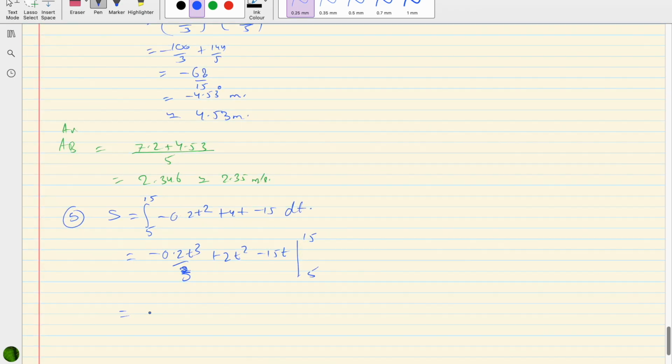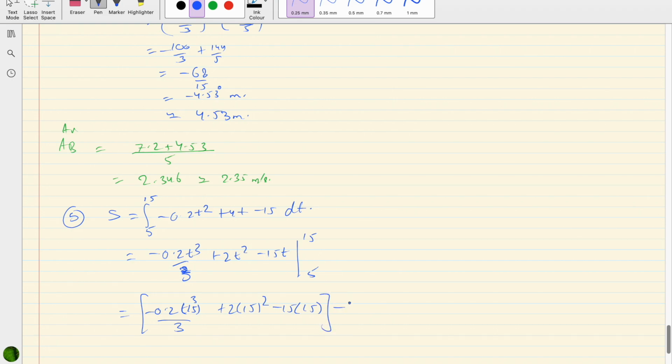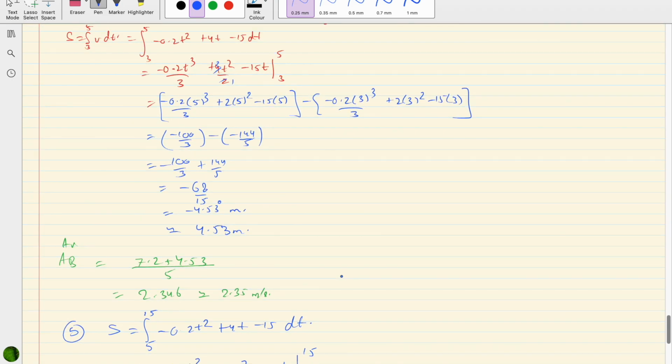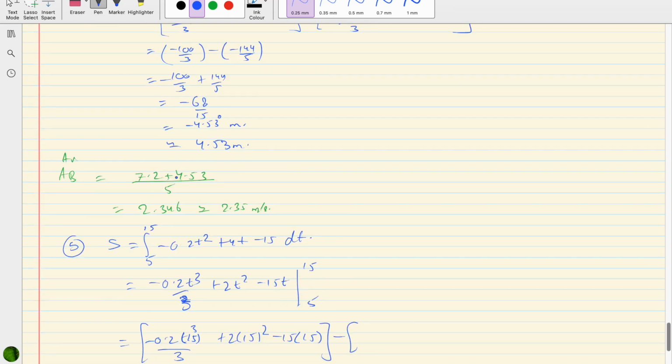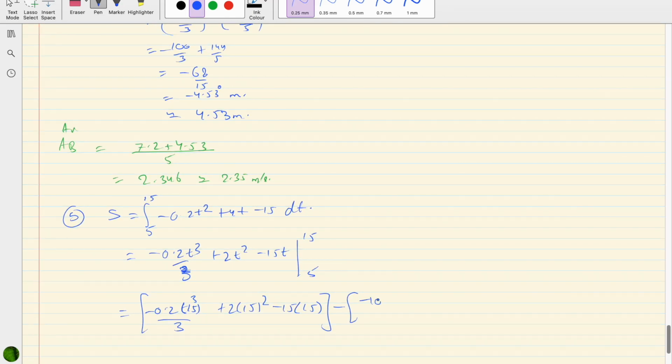Now we plug in 15 first: negative 0.2 times 15 cube by 3 plus 2 into 15 square minus 15 into 15, minus the lower limit. For 5 we have already solved it. Upper limit for 5 was negative 100 by 3, so we just copy that down.